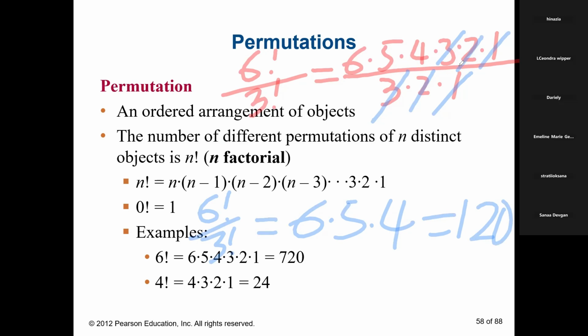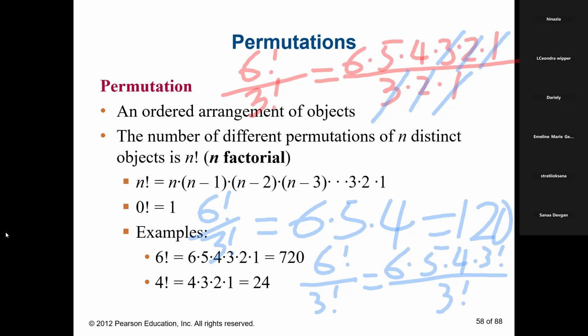Now, another way you can do that, if you have 6 factorial over 3 factorial, you don't have to go all the way down to 1. You can stop. I'm gonna stop at 3, because the bottom number here is 3 factorial.